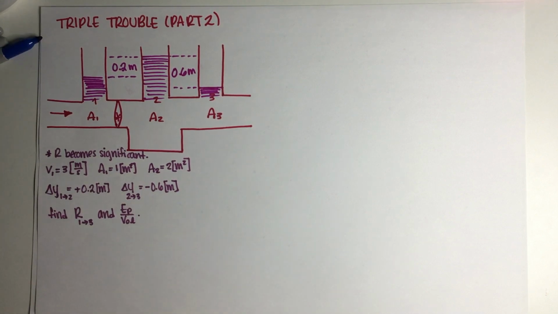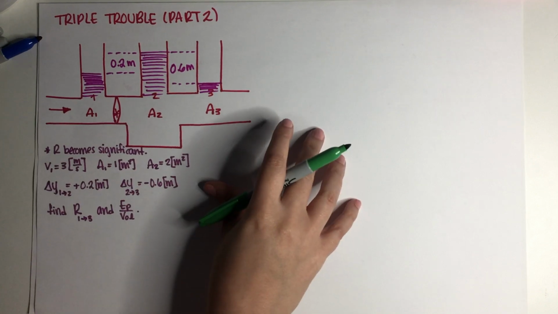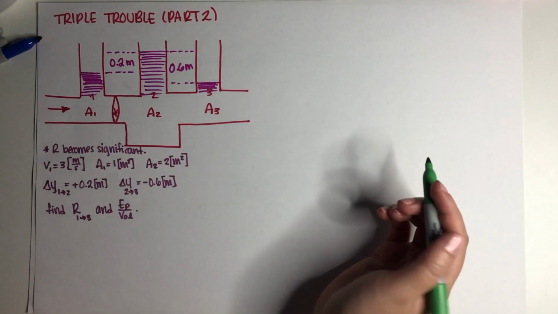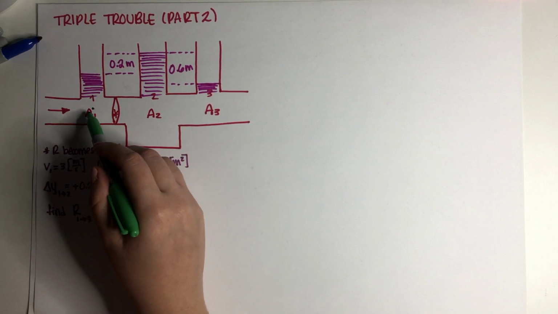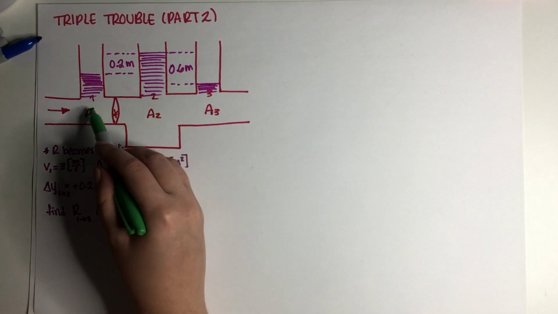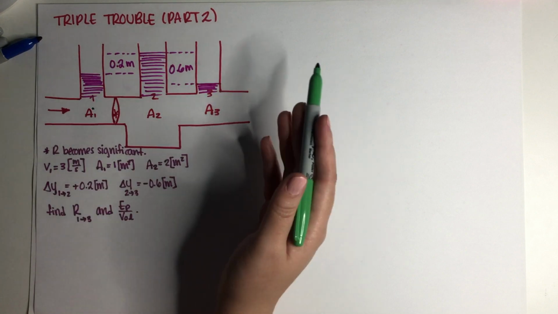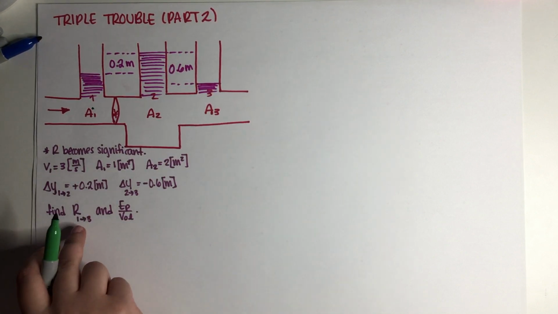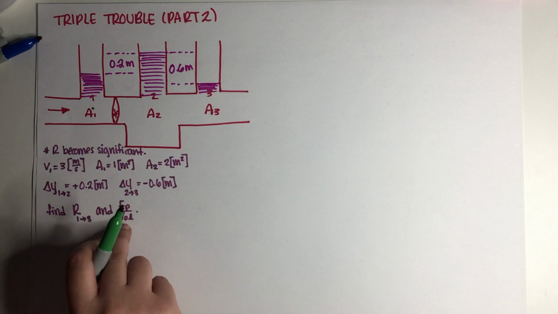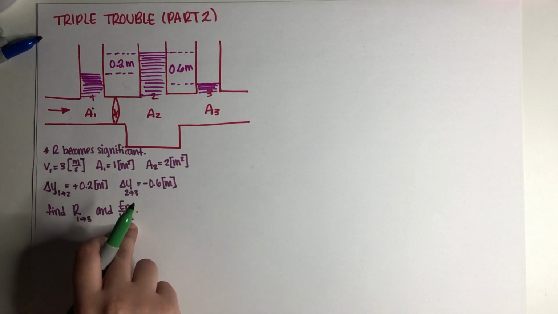Now, the first thing that we could try to solve this problem would maybe be using our Bernoulli equation again, maybe from 1 to 2 or from 1 to 3, and just try to come up with something in which we can solve for R, or E pump divided by volume.